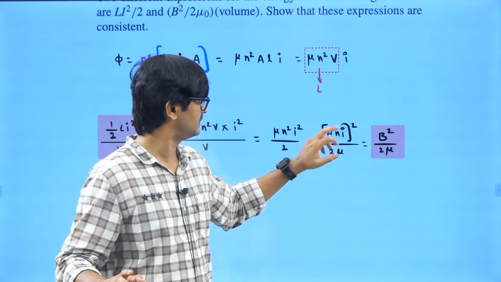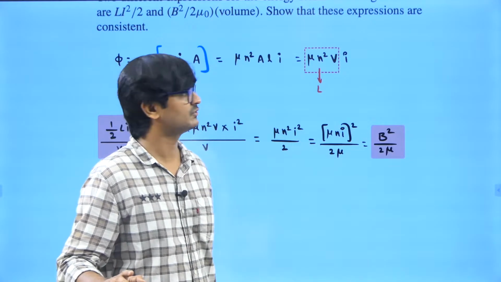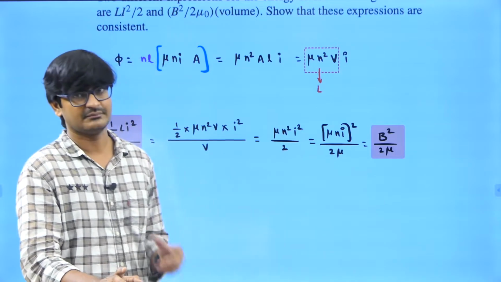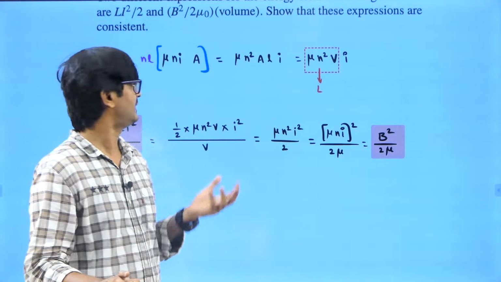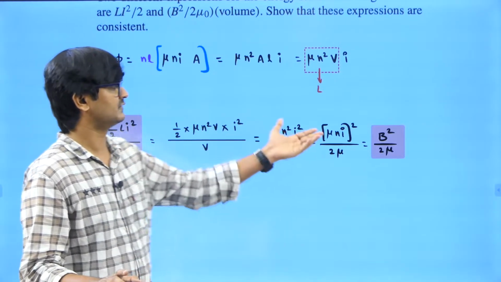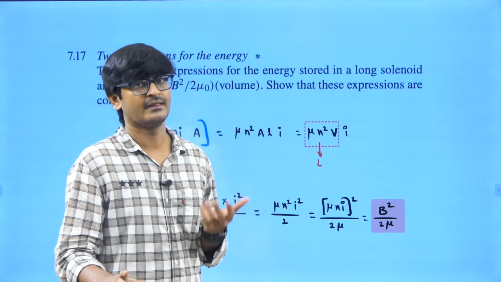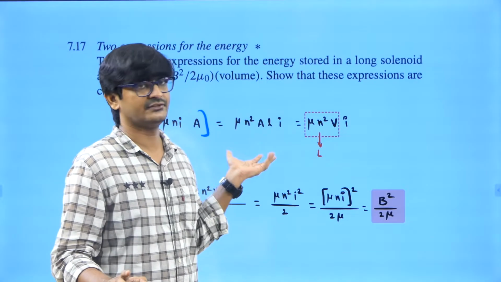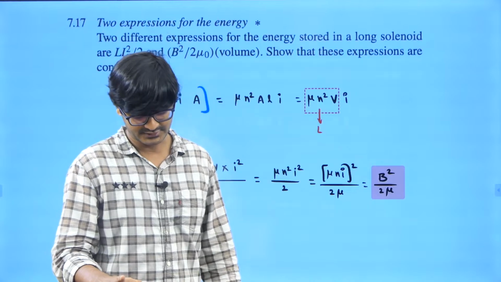Now what is this? This is the magnetic field in the solenoid. So the magnetic energy stored per unit volume is B square by 2 mu, right? Which we did for a solenoid, but it is valid at every point.